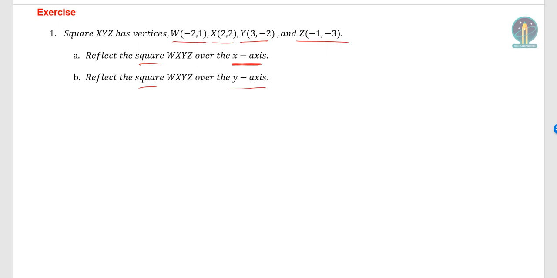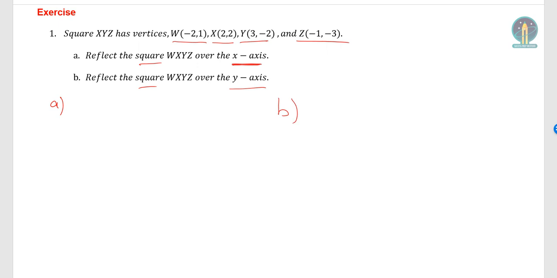So in the case of the x-axis, we keep the x-coordinate the same, but we multiply the y-coordinate by -1. So let's do part A here and part B here, right?